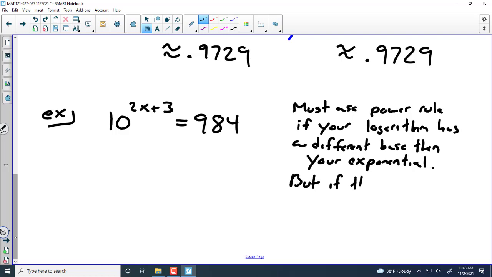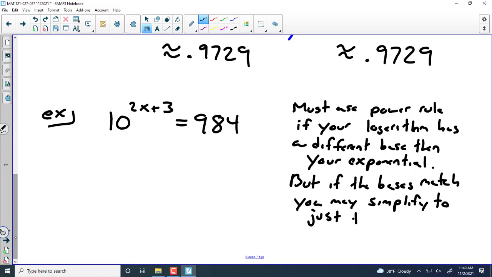But if the bases match, you may simplify to just the power. However, if your logarithm and the base are the same, then you can just simplify to the power.